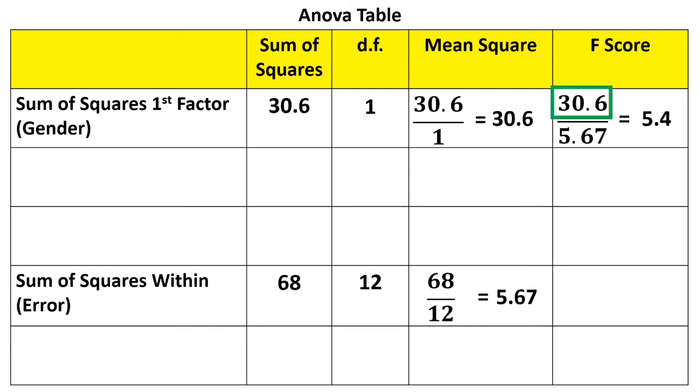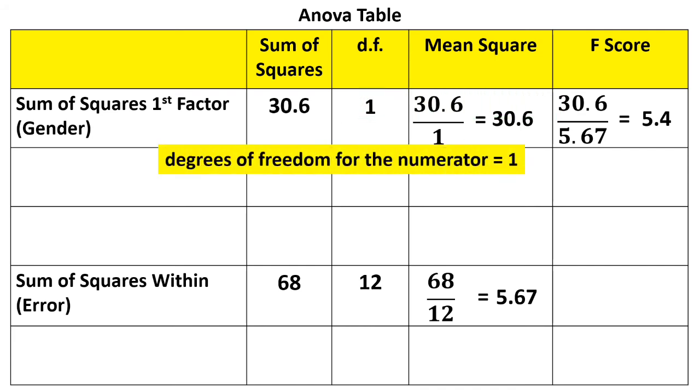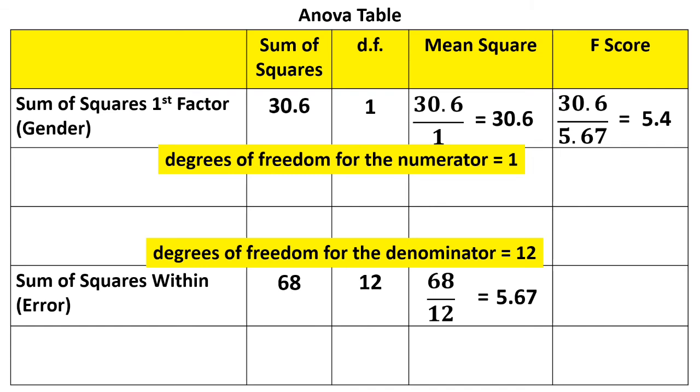30.6 is the numerator, so our degree of freedom of 1 is also called the degree of freedom for the numerator. Since 5.67 is the denominator, its degree of freedom of 12 is the degree of freedom for the denominator.